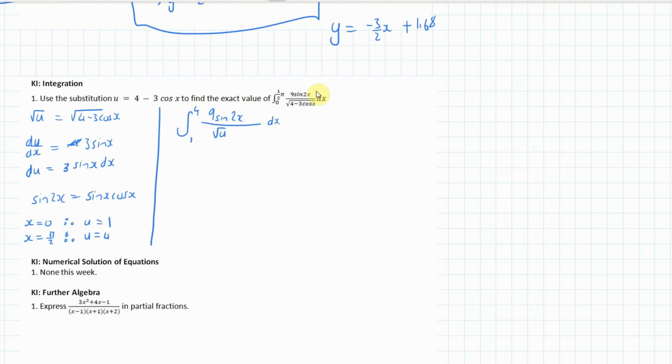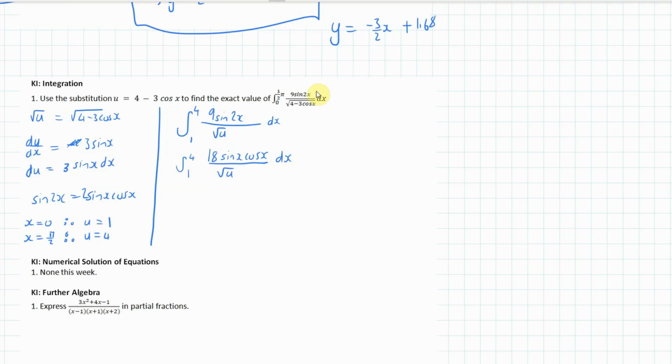So what I'm going to do at this point is take that sine 2x and replace it. So it's 9 sine 2x, so it'll be 9 sine x. Wait, sorry. 18, won't it? Oh, I've made a mistake there. That should be 18. So it'll be 18 sine x cosine x over square root u dx.